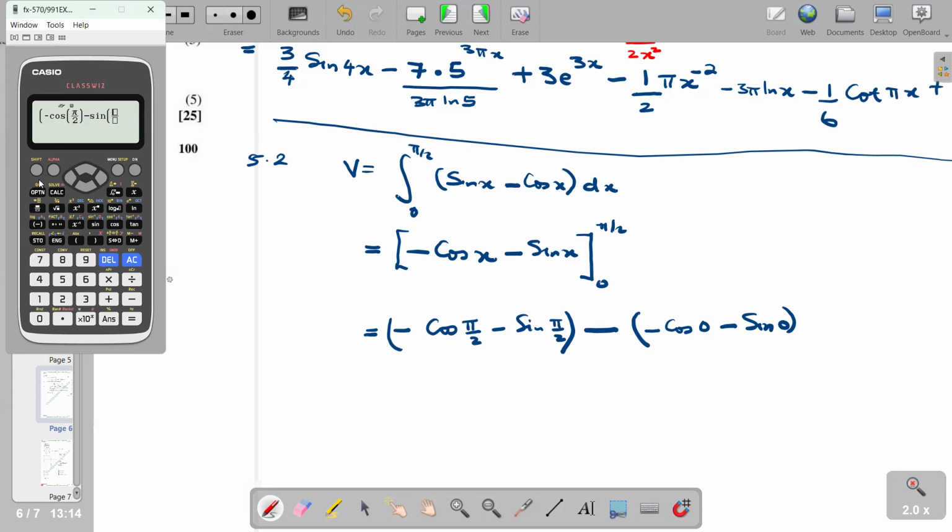It's minus sine, shift, pi over 2, close bracket, then I have to close for that one.